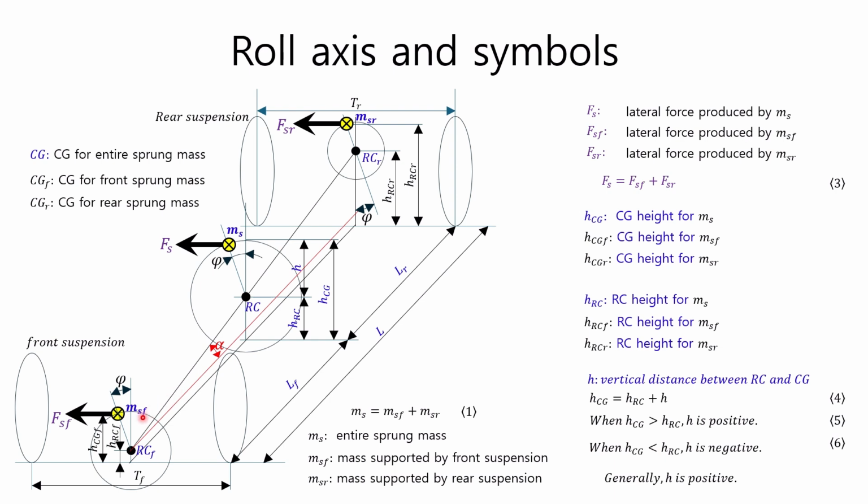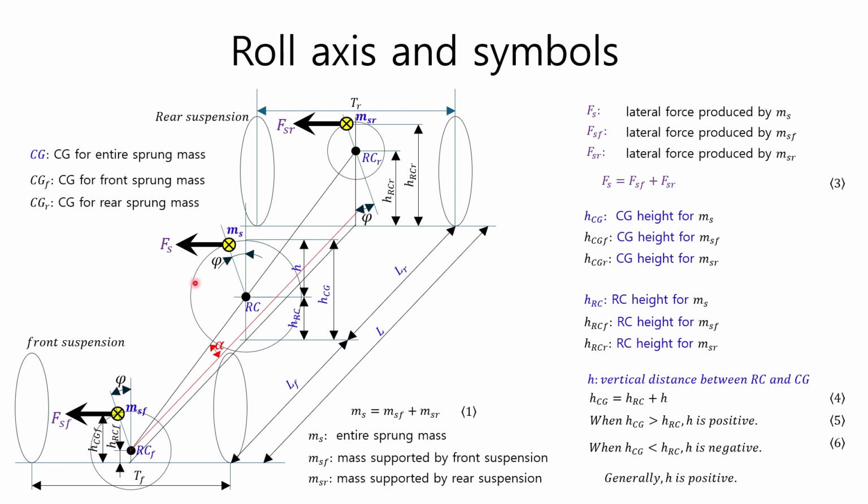MSF represents the front sprung mass. The yellow multiplication circle next to it represents the location of the front sprung mass center, and MSR represents the rear sprung mass, and the yellow multiplication circle next to it represents the location of the rear mass center. FS represents the lateral force generated by the total sprung mass.